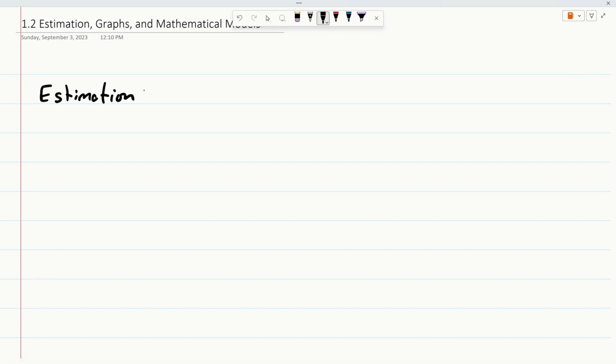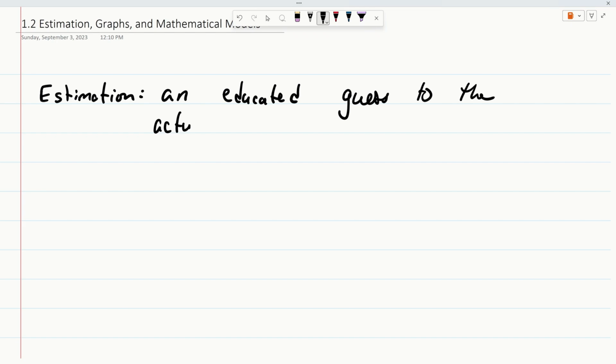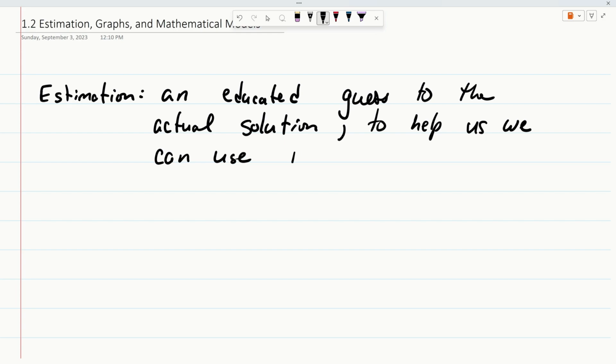In order for us to properly estimate, which is just an educated guess to the actual solution, we can use rounding.